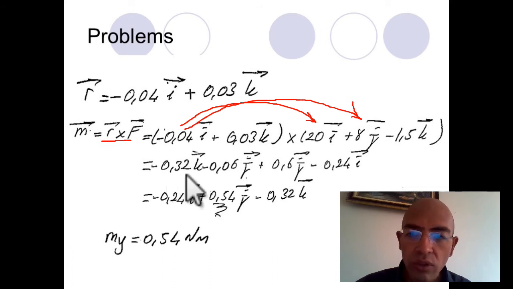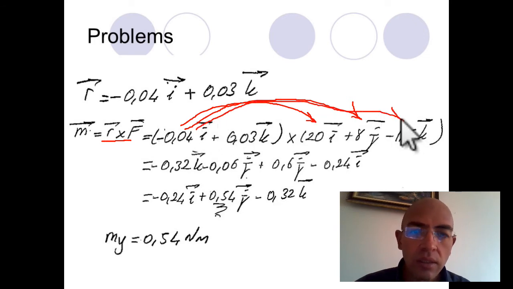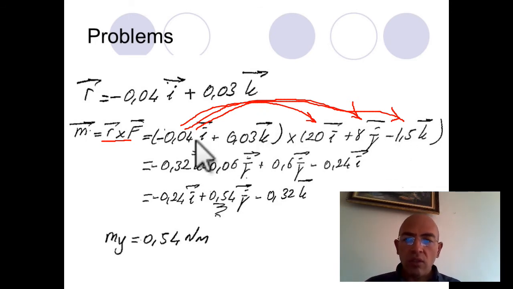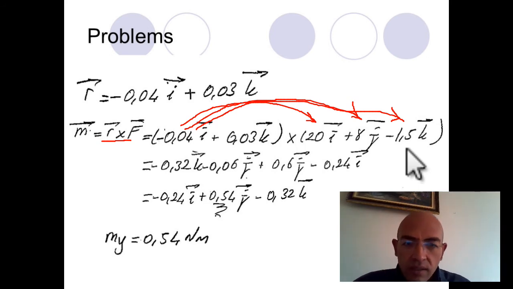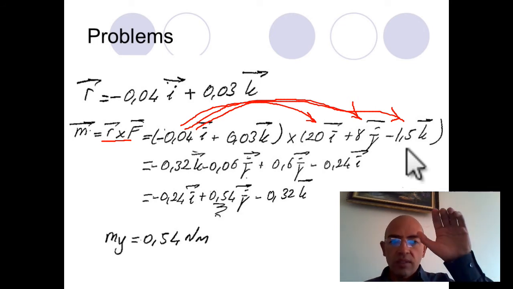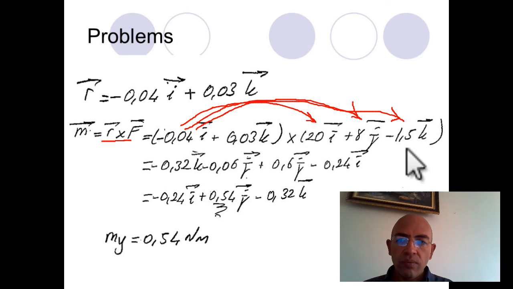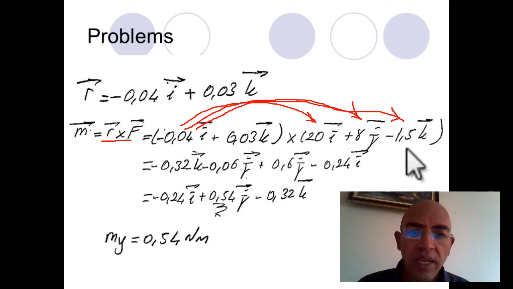So minus 0.32 k vector. Now the next thing is multiplying i with the k vector. So again minus 0.04 multiplied by minus 15 will give me 0.6, and certainly from i to z will give me the negative y direction.